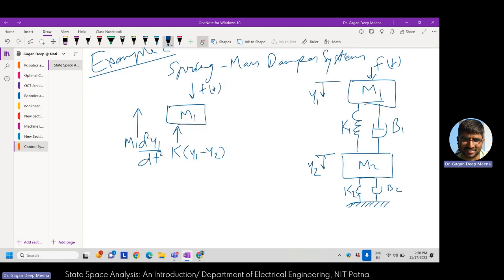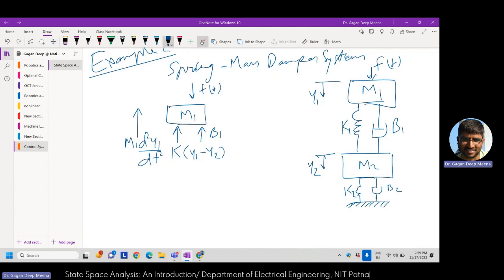And as we know, when the force f(t) is applied, there is also a reaction force by the damper, b1. We know from the force-voltage analogy, the force-current analogy, and the analogy of electrical and mechanical systems, that the damper will always come with the velocity.